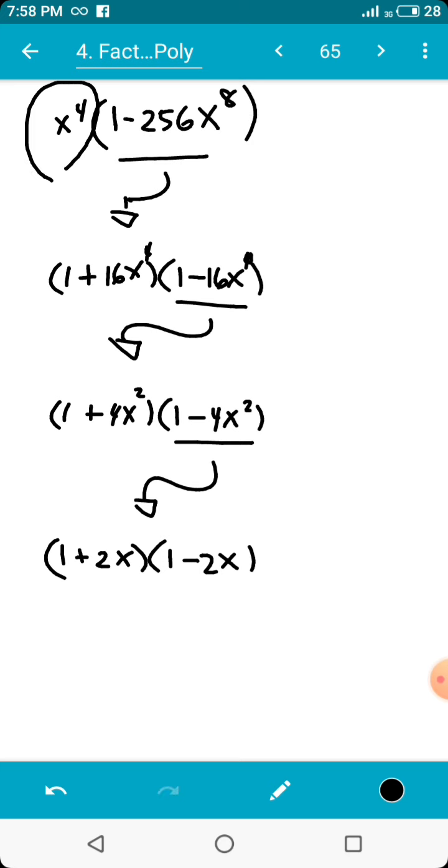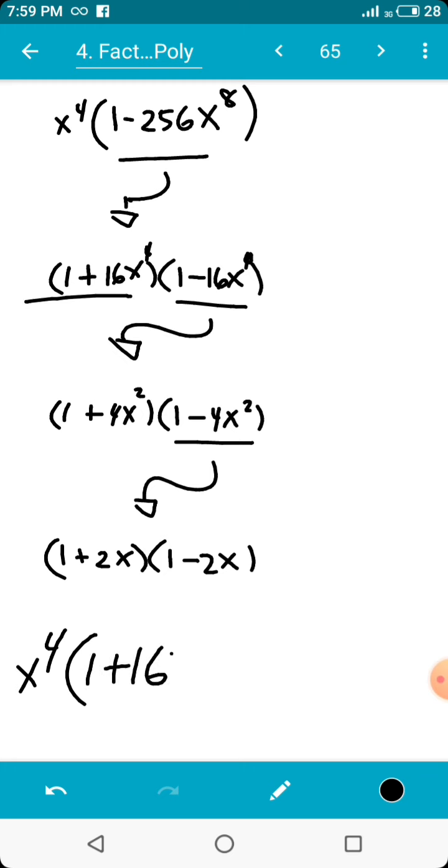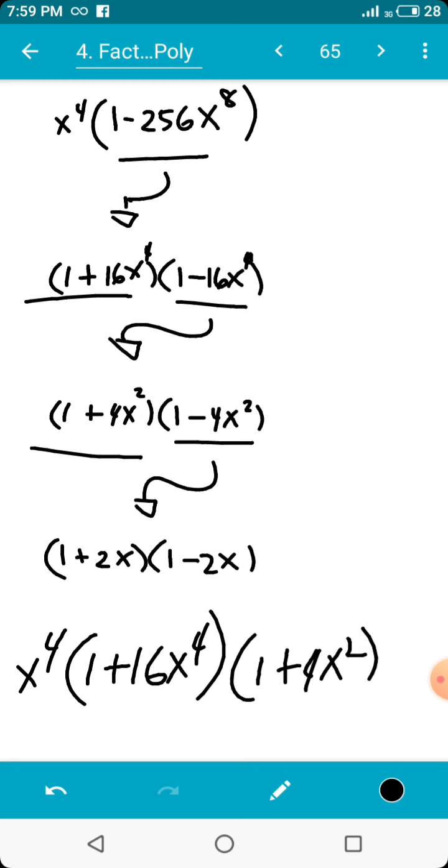So, ito, x raised to 4. And then ito, 1 plus 16x raised to 4. And then ito, 1 plus 4x squared. And then ito, at saka ito.